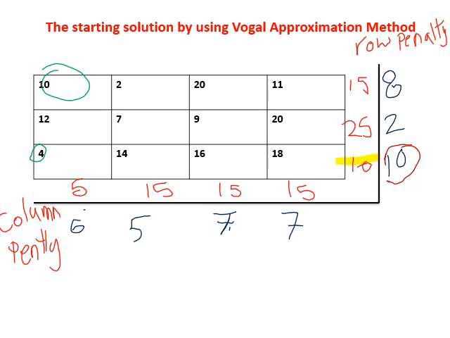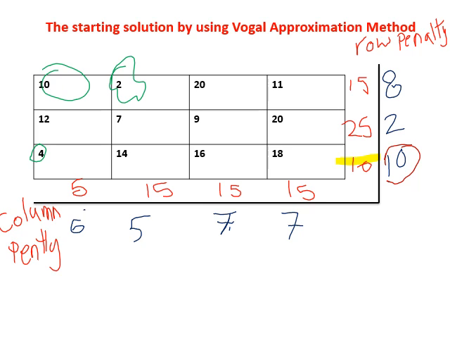In the least cost method, we begin with the cell which has the smallest value. But here in the Vogel approximation method, we decide the cell we start with depending on the maximum value of the row penalty and the column penalty, like this.